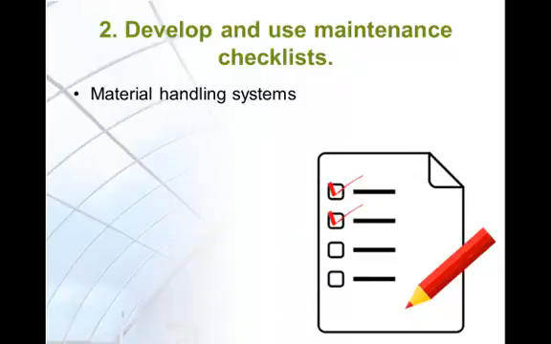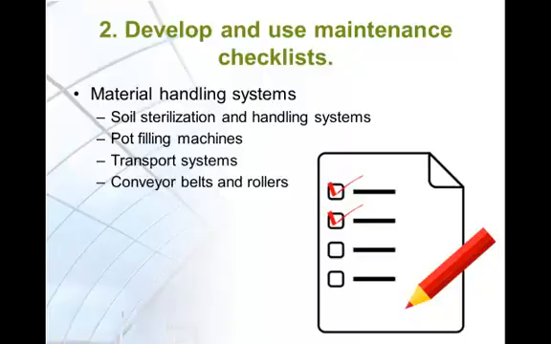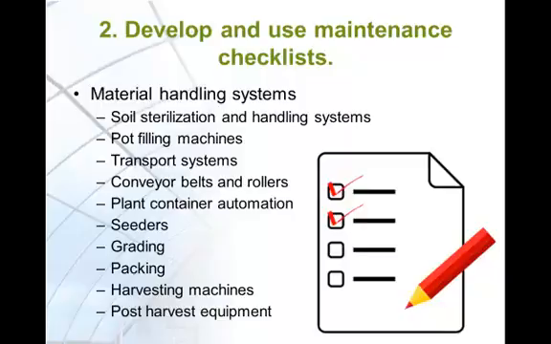Other examples of material handling systems that might be found in the greenhouse, each of which requires their own specialized regular preventative maintenance, includes soil sterilization and handling systems, pot filling machines, transport systems, conveyor belts and rollers, plant container automation, seeders, grading, packing, harvesting machines, and post-harvest equipment such as refrigerators, packaging, and transportation.